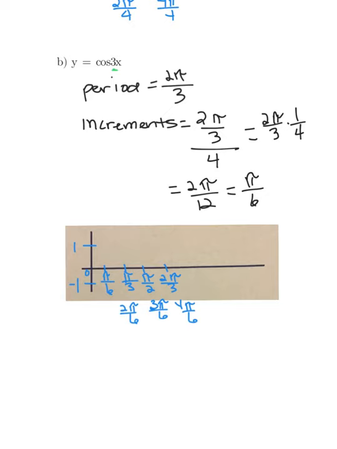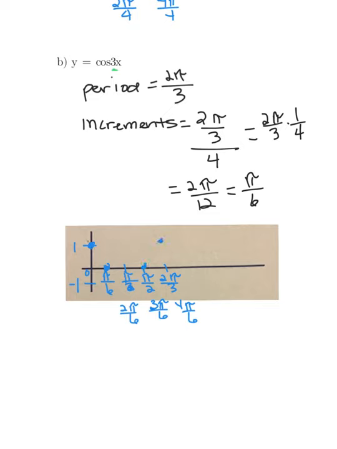Now we have our 4 equal parts, and if you'll notice, it's actually 5 label numbers. This will always be the case. In order to create 4 equal parts, you must have 5 total labels. Remember which function we are doing. We are doing the cosine function. The cosine function starts up. So we're going to start up at 1 and then go to 0, down to -1, back to 0, back up to 1.